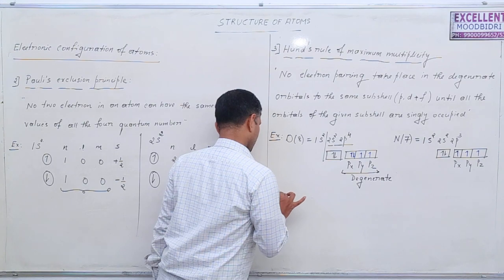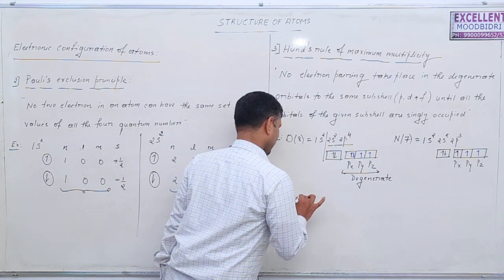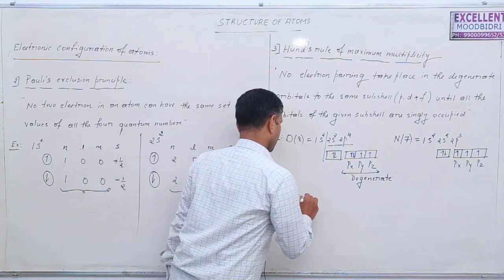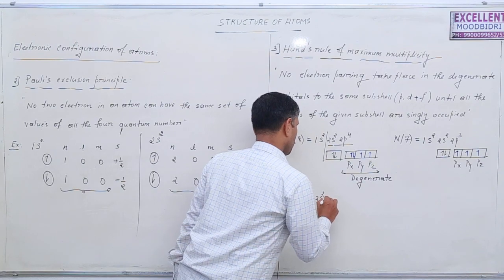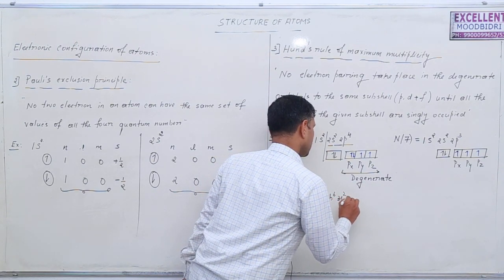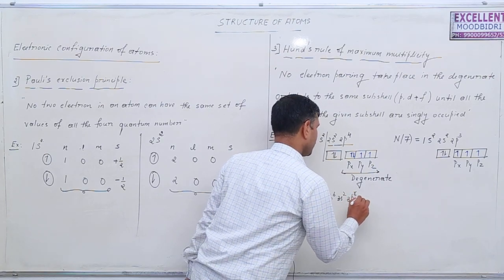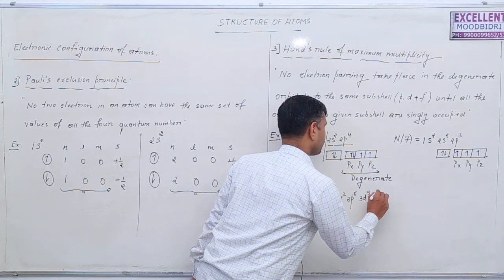Manganese, atomic number 25. I can write the configuration this way: 1s2, 2s2, 2p6, 3s2, 3p6, 3d5, 4s2.